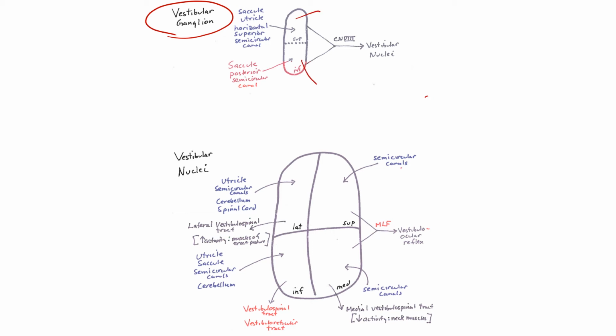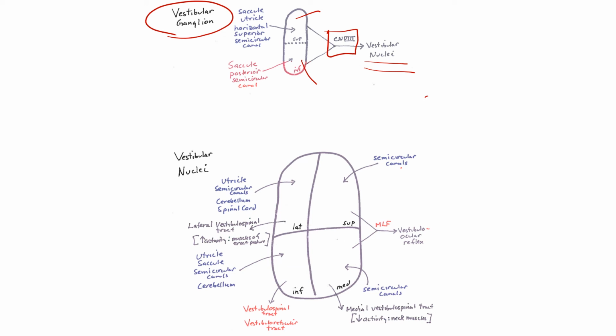Going into the superior portion, we see the saccule, the utricle, the horizontal, and the superior semicircular canal axons. Going into the inferior portion, we see the saccule and the posterior semicircular canal. The important thing to note is that both of these then project through cranial nerve 8 into the vestibular nuclei.